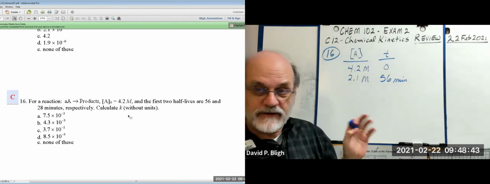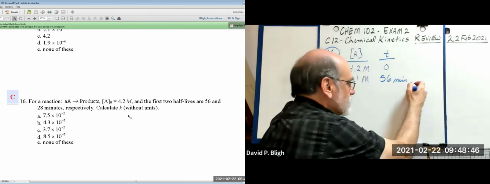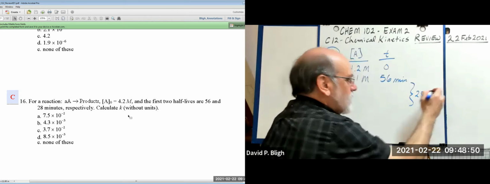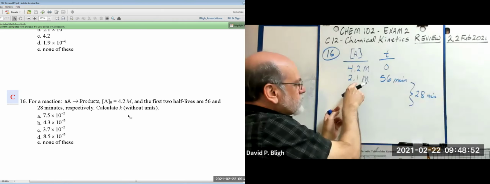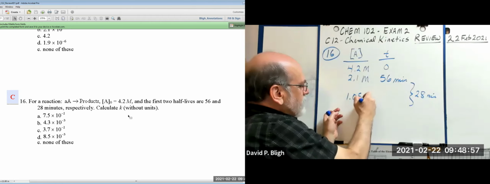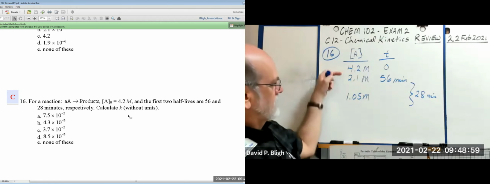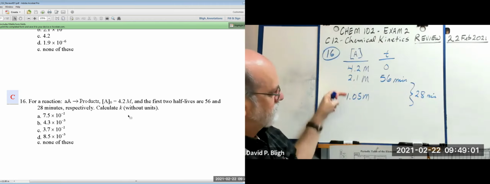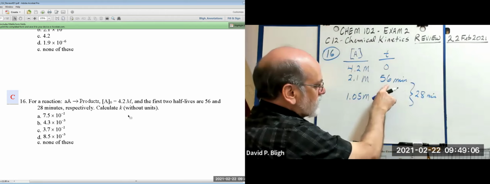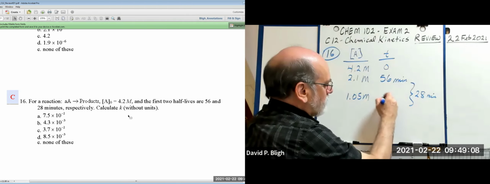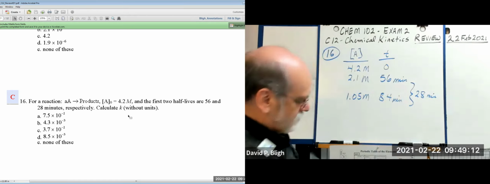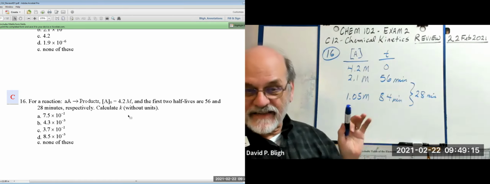The second half-life takes 28 minutes, and it goes from 2.1 to 1.05 molar. Half of that one. So what's the overall time? The overall time would be this one plus this one, right? So that's the data that we're actually given.